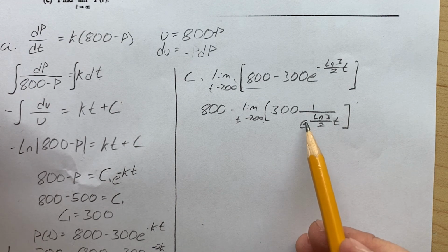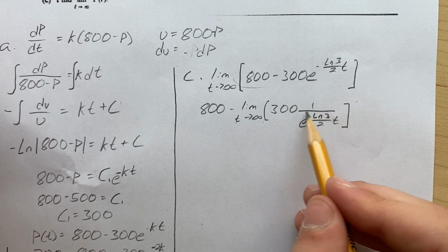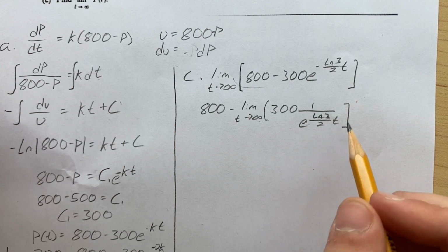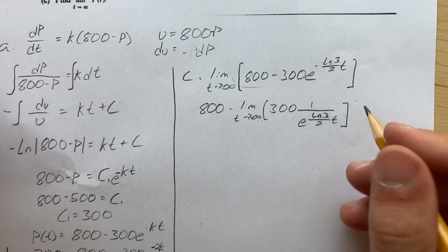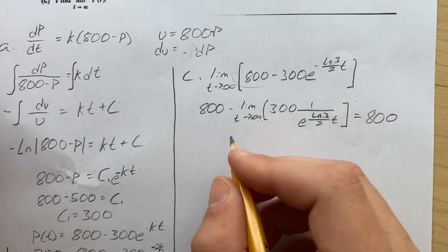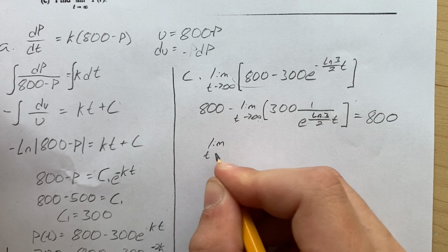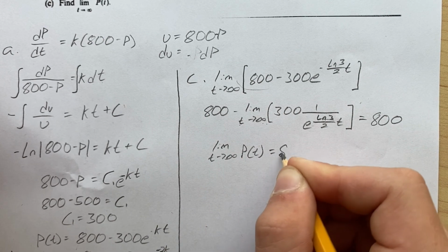And therefore, e to the power of that is going to blow up to infinity. And what happens is you have 1 over infinity, which means this whole section is just going to approach 0. So the result is just that the limit, and I'll rewrite it here, the limit as t approaches infinity of P of t equals 800.